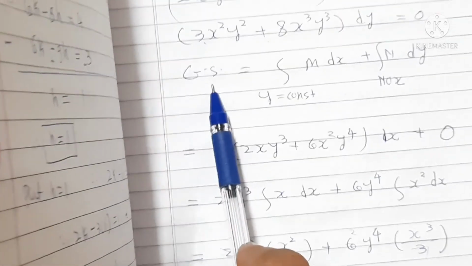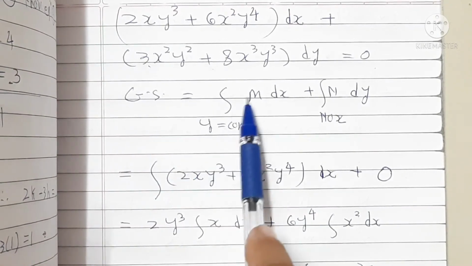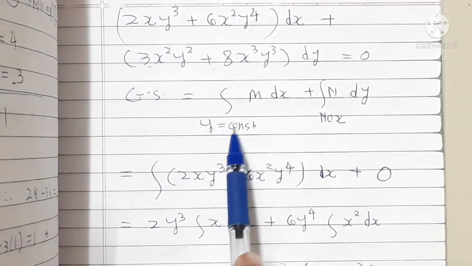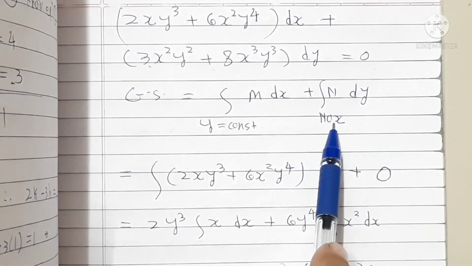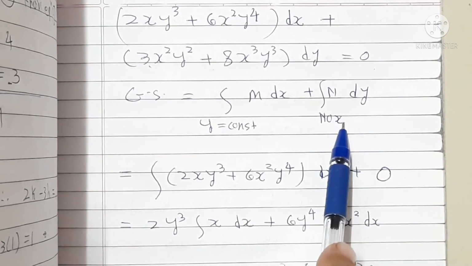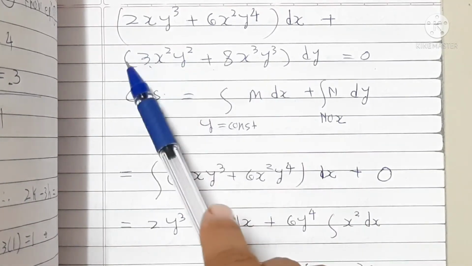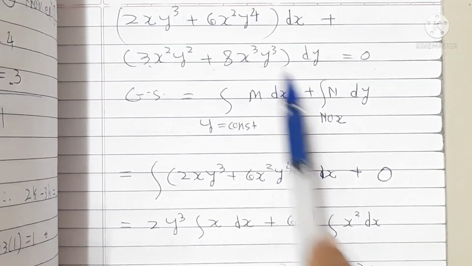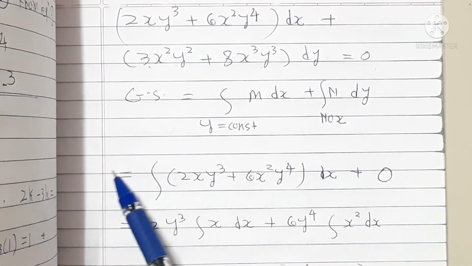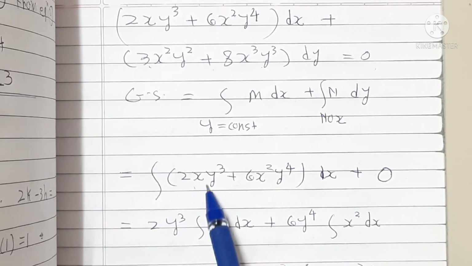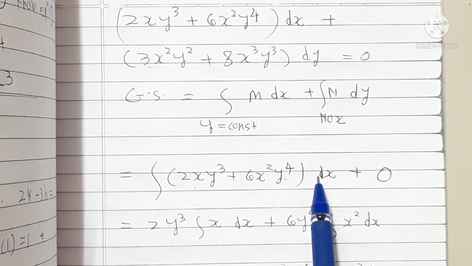Therefore, the general solution is given by the formula: integration of M dx keeping the terms of y constant, plus integration of N dy, only the terms which do not have x in them. Here in the whole N term, x is also there, therefore put that simply 0, which is equal to integration of 2xy cube plus 6x square y raised to 4 dx.